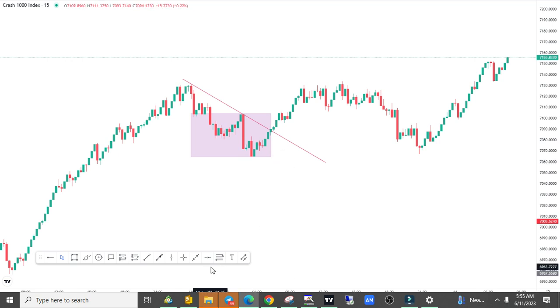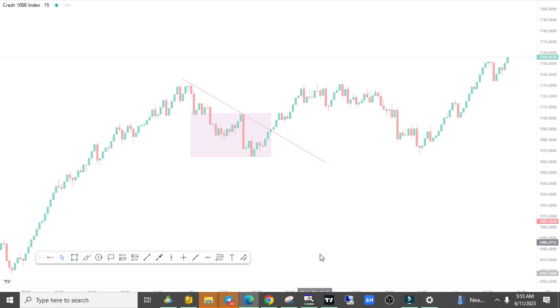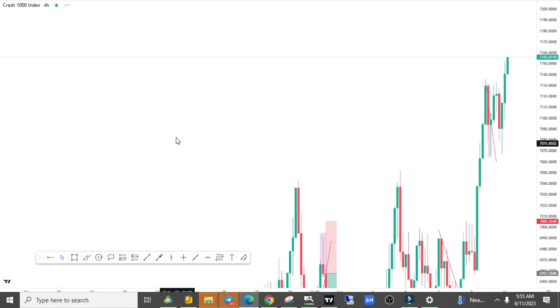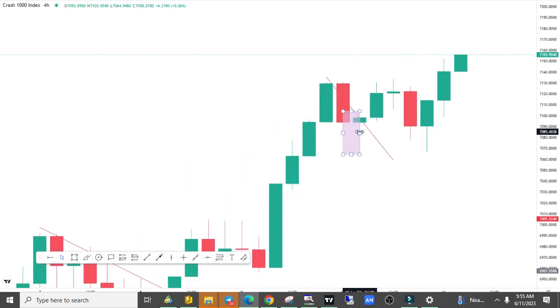If I go to 4 hours, some people might be saying at this point that the price is still at the zone, that the breakout has not happened. But the truth is that if you check how I'm marking it on 4 hours, you will notice that I actually shift. If I'm marking it, I drag it to this end, because that's how you can get the full body.